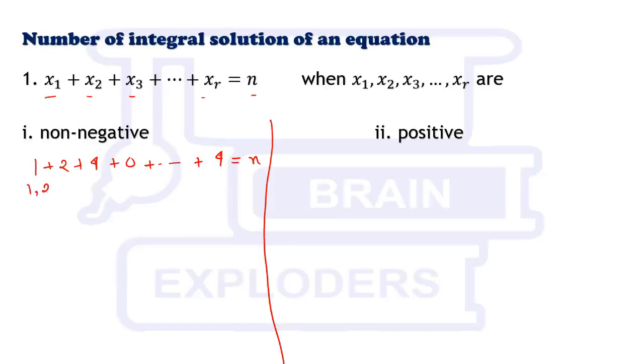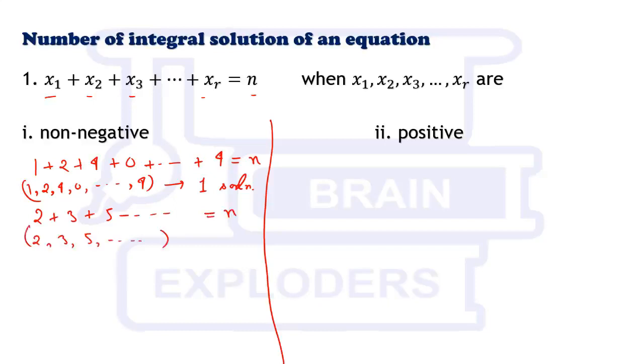This means (1, 2, 4, 0 and so on) is one of the solutions. Similarly, if 2 plus 3 plus 5 and so on gives n, then 2, 3, 5 with the other numbers is another solution, and in this way we have to find the number of all possible solutions. It is written integral solution, that's why we are taking only integers like 4 and 2, not 2.1 or 2.3.